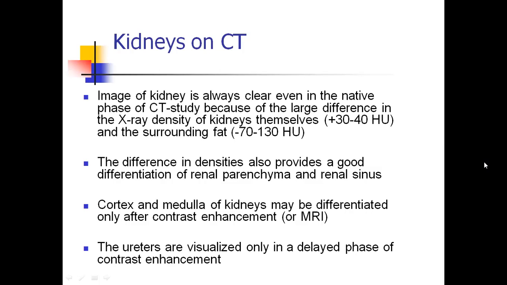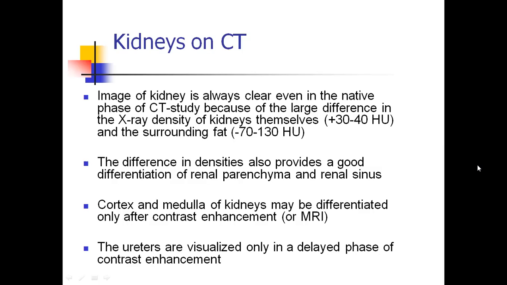CT of kidneys. The image of the kidney is always clear on CT, even in the native phase of the study, because of the large difference in X-ray density of kidneys themselves. It is equal to plus 30 up to 40 Hounsfield units.